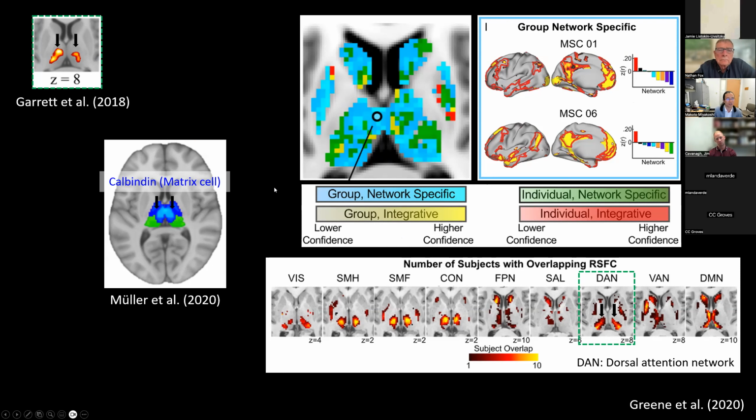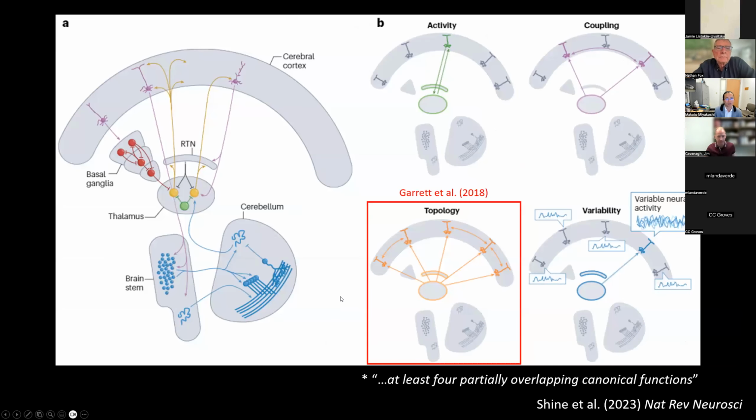So we can make these kinds of conjectures based on these results. I think that relates to the topology, so how the thalamus controls the cortical activities. Although most of these are more or less overlapped, as the authors admit, at least four partially overlapping canonical functions. So these separations are not orthogonal.